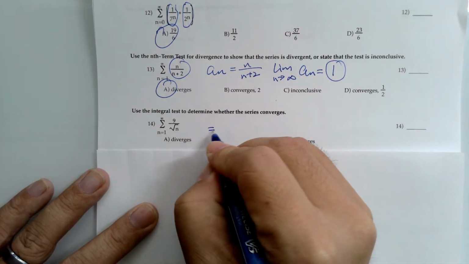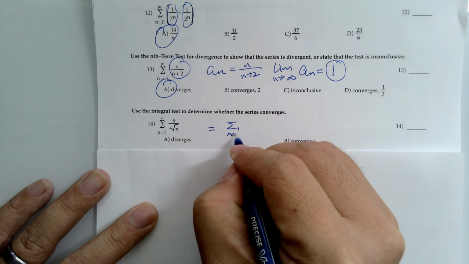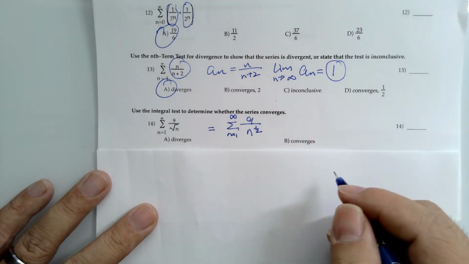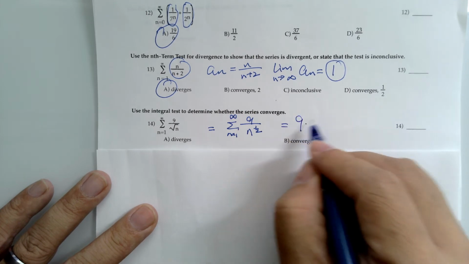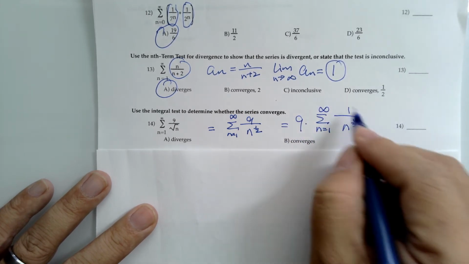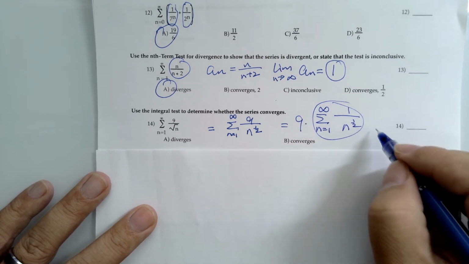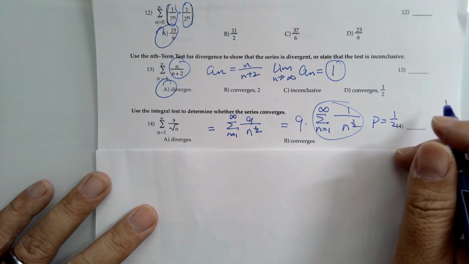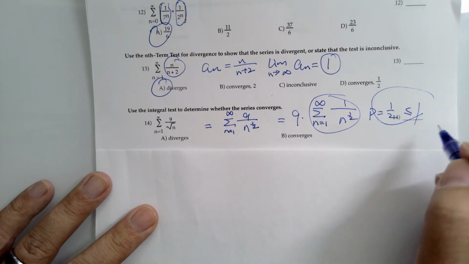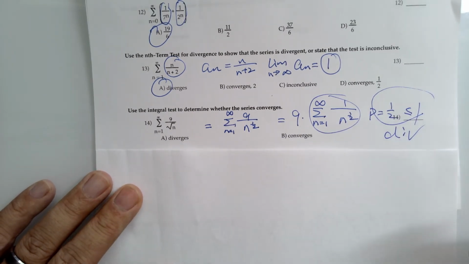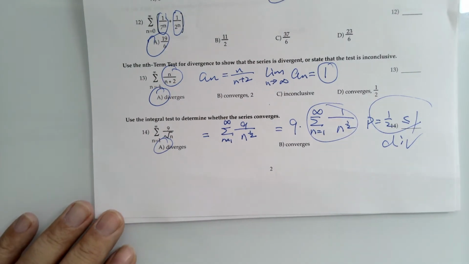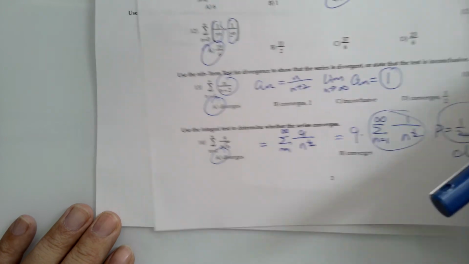My point here is that this series is 9 over n to the power of one half. Do you realize that this is a P series and p equals 1 over 2? Since p is less than or equal to 1, this series definitely diverges. So there's no need to use the integral test at all.